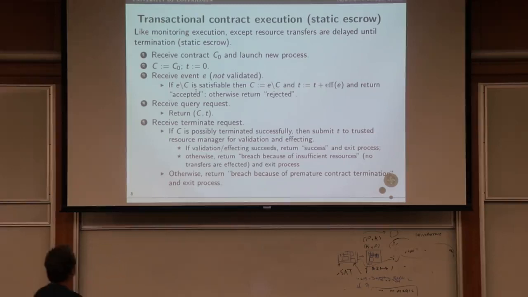So as it works, we have now vocabulary to talk about this. This is static escrow, which is actually not very efficient, because it means that now we're involving a third party. In fact, this is the canonical way of a smart contract in the blockchain world, okay? It says you want to interact with each other and transfer money to each other.